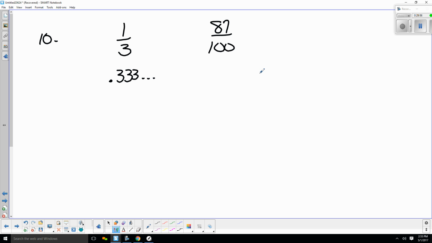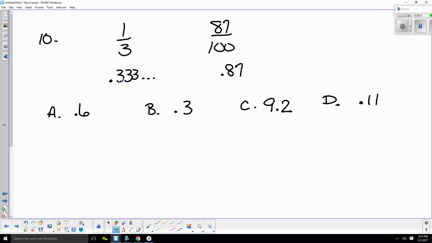This is 0.87. Then I want to change my answers, A, B, C, and D, to all decimals. So 3/5 is 0.6. 3/10 is 0.3. 92/10 would be 9.2. And 11/100 is 0.11.